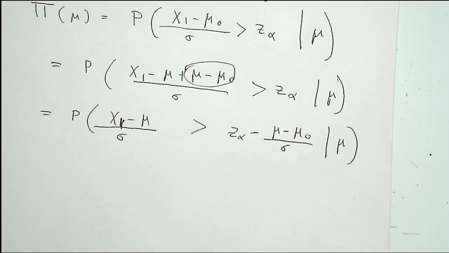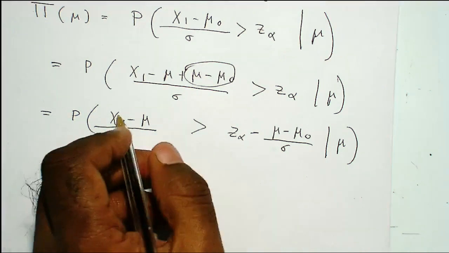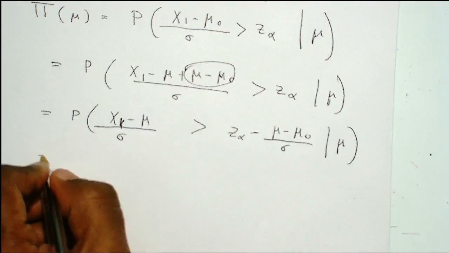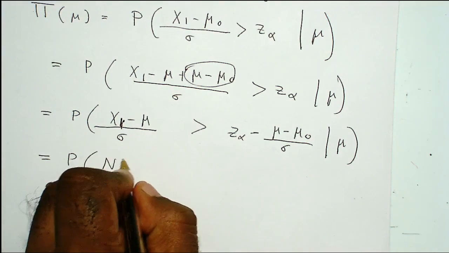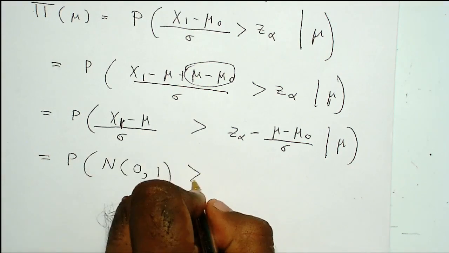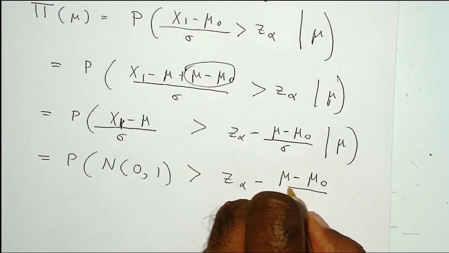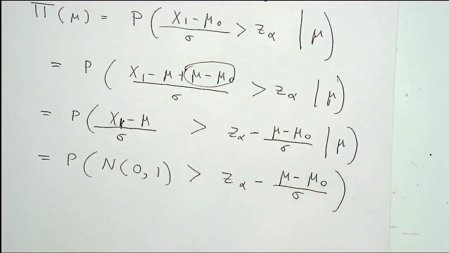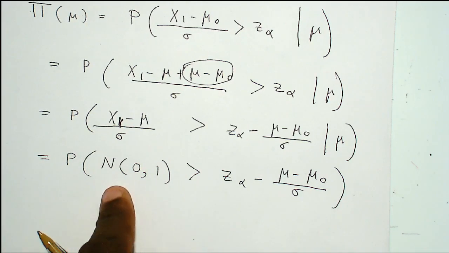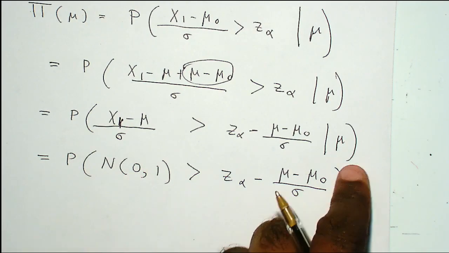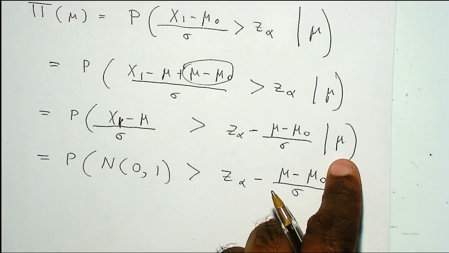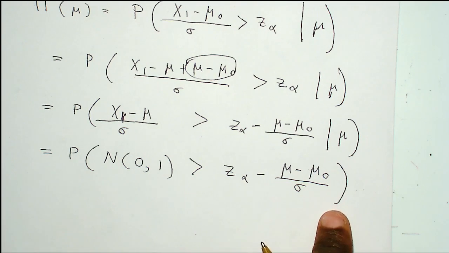Remember, we are assuming that each x is a normal distribution with parameters mu and sigma squared. So this must clearly have the N(0,1) distribution. One more time, I have removed the conditioning because at this step, to argue that this has a standard normal distribution, I have used the fact that the true population mean is mu, and therefore the conditioning is not needed anymore.